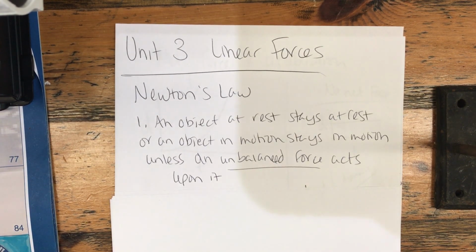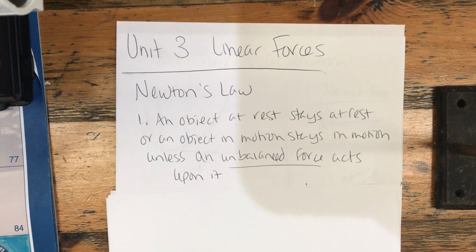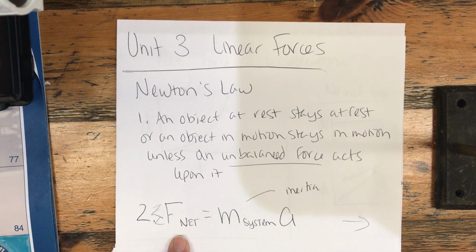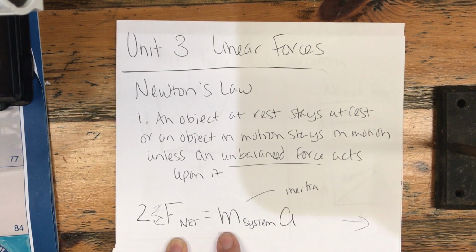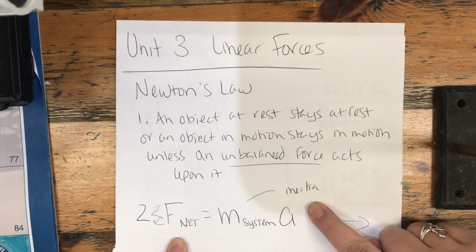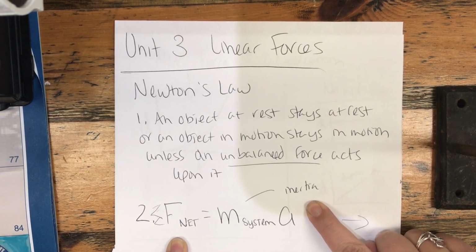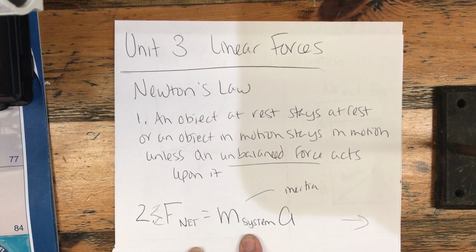Newton's second law says that the sum of those unbalanced forces, or the net force acting on an object, causes the mass of that object or system of objects to accelerate. Mass is also known as inertia, and is your resistance to acceleration. So if the mass is really big, then it takes a greater force for you to accelerate.